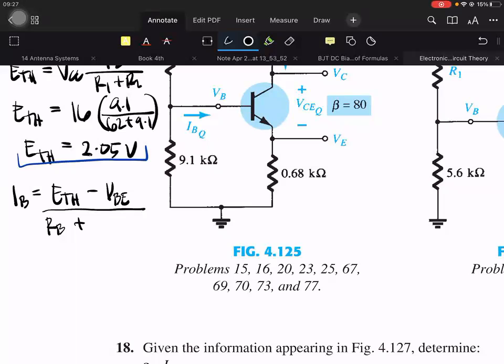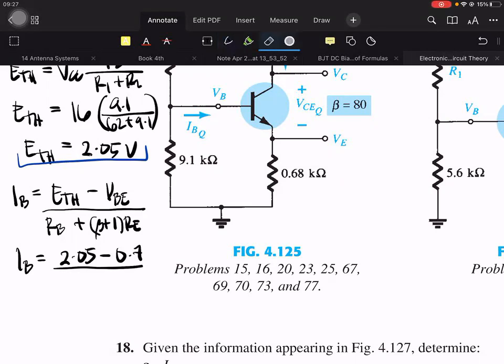Beta plus 1 RE. 2.05 minus 0.7 all over, no, sorry, it's not RB, it's RTH.